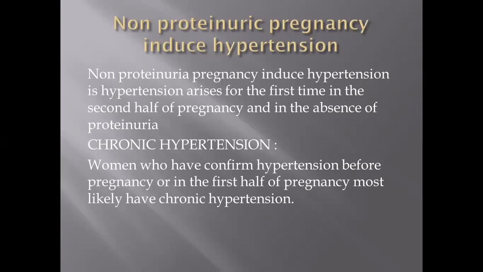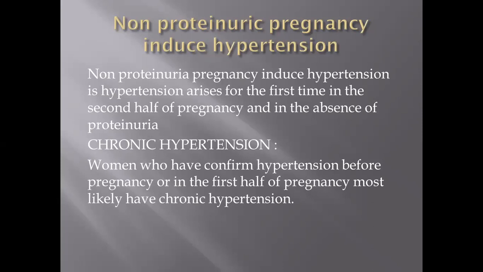Number one, non-proteinuric pregnancy-induced hypertension. This is hypertension that arises for the first time in the second half of pregnancy, in the absence of proteinuria. That means the second half, most probably after 20 weeks of gestation. If you review the previous record, the patient had normal blood pressure at the booking visit.